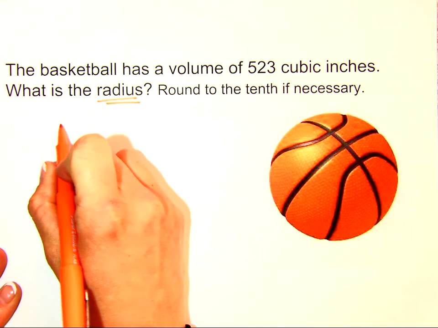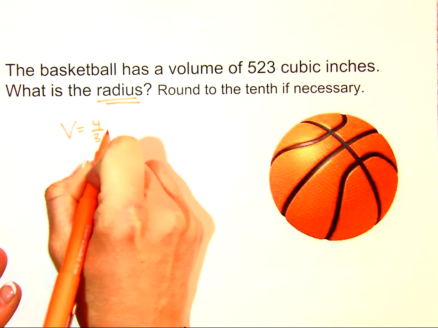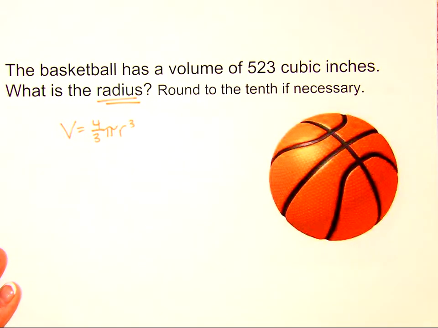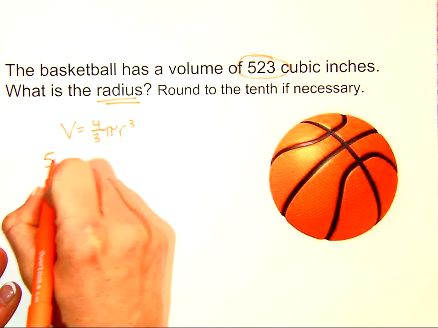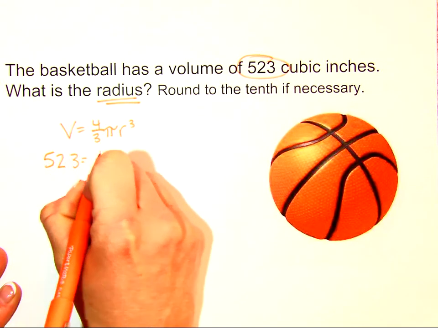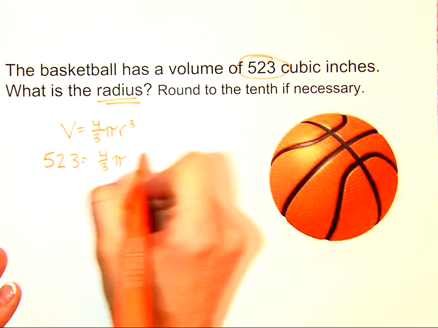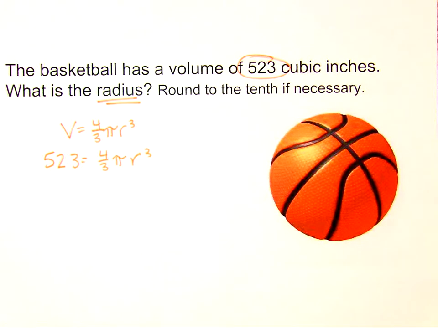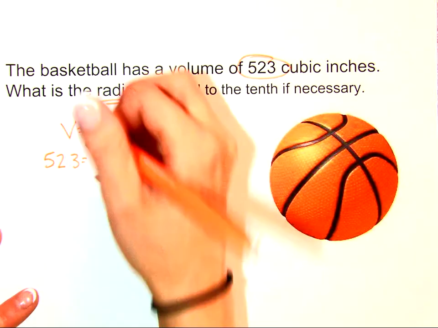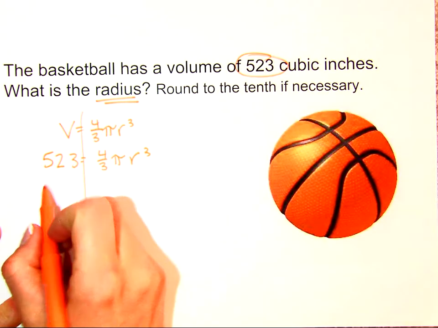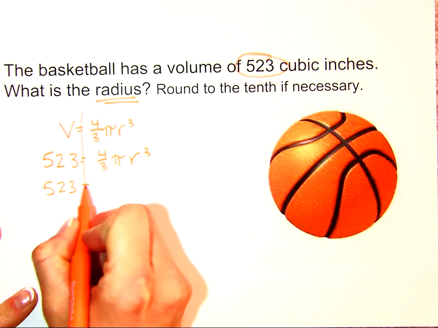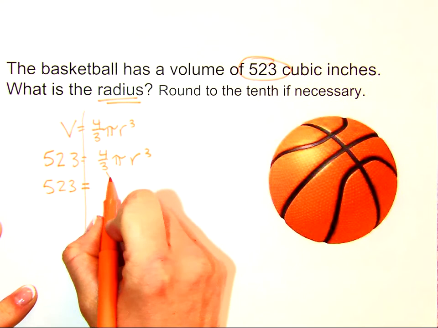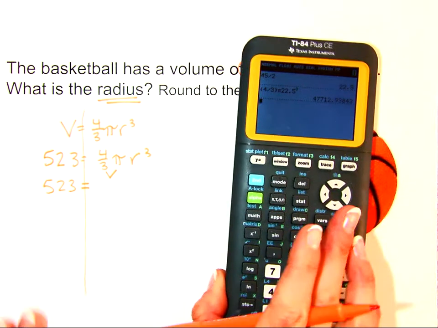So I'm going to first write the formula I'm going to use, volume formula for a sphere. Then I'm given volume, so I'm going to plug that in for V. And I'm solving for r. Okay, so I'm going to draw my brick wall there. 523 is going to stay on that side. I'm going to combine 4/3 pi.